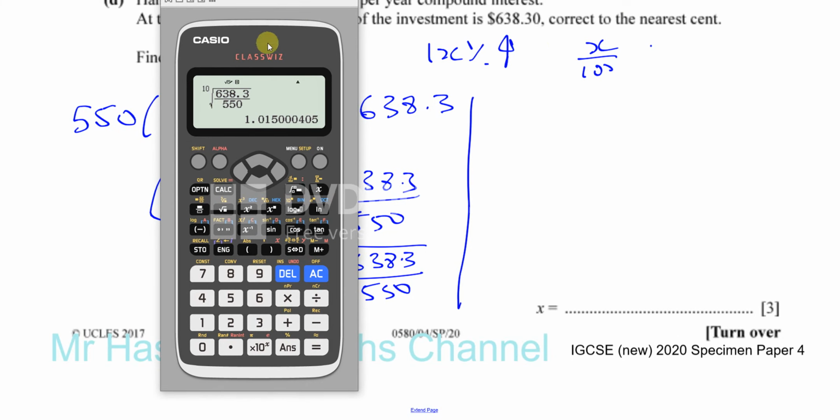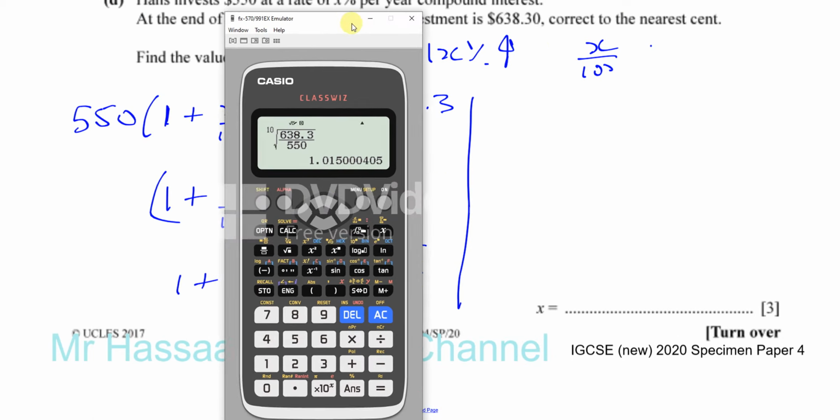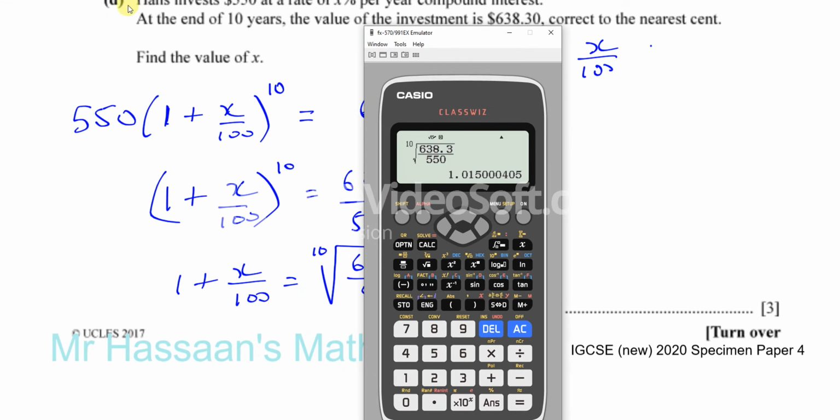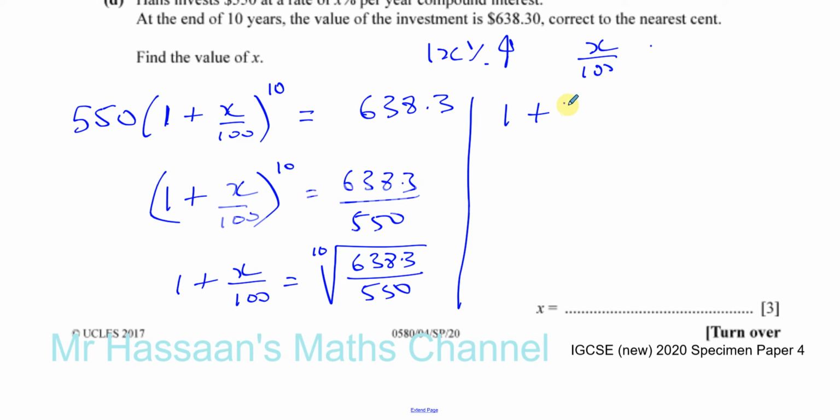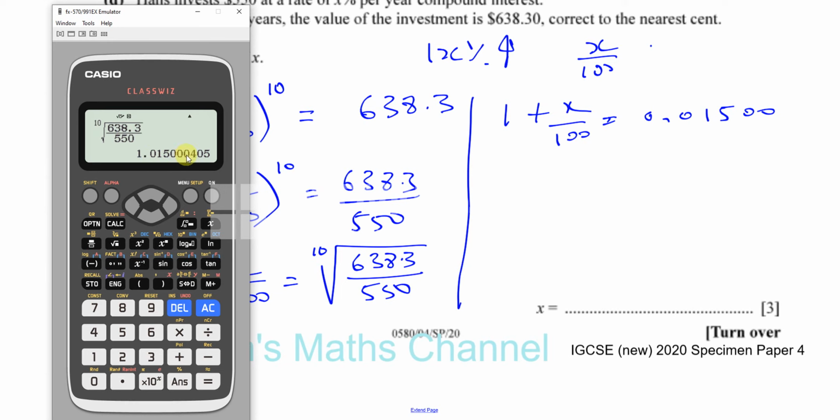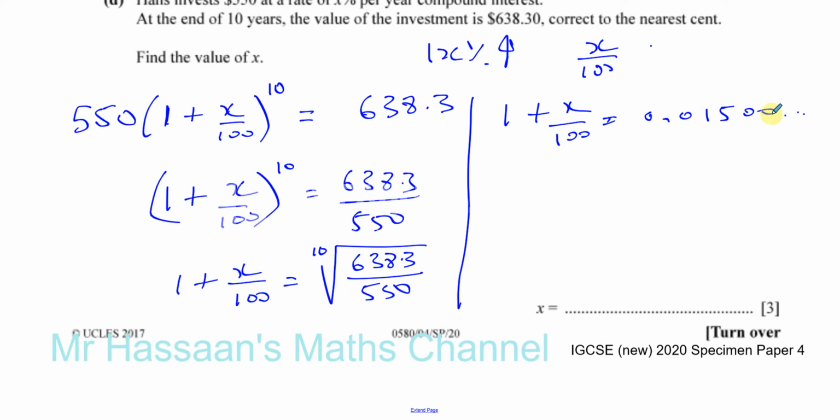So you have 1 plus x over 100 equals 1.01500. It continues like that. I've written it to a few decimal places, not the exact answer.